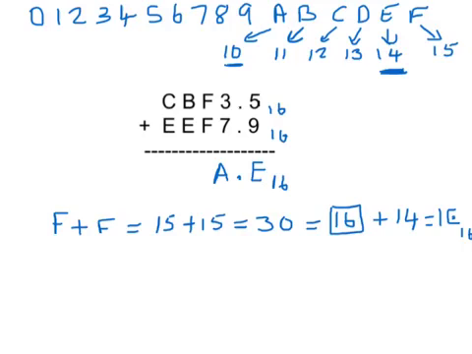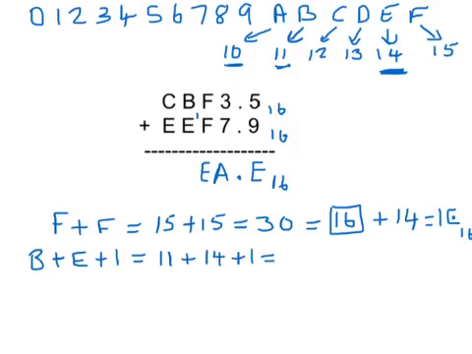So what we do is we write down the E, and we carry 1. So for the next addition, I'll write it down again. Here we have B plus E plus 1. So B, again referring to the top of the page, B is decimal 11, so that's 11, plus E is decimal 14, and we add 1.